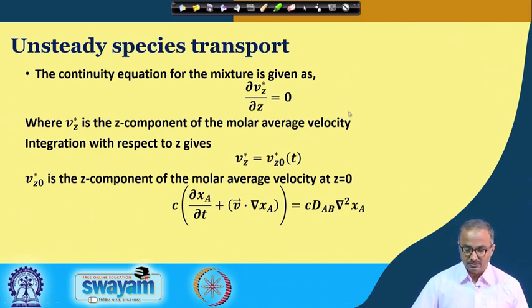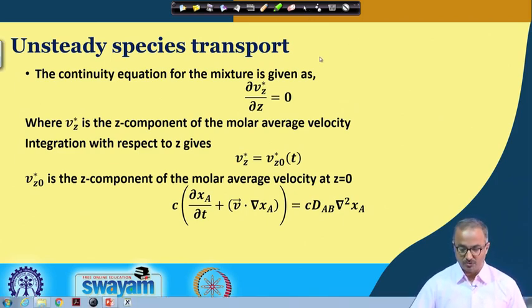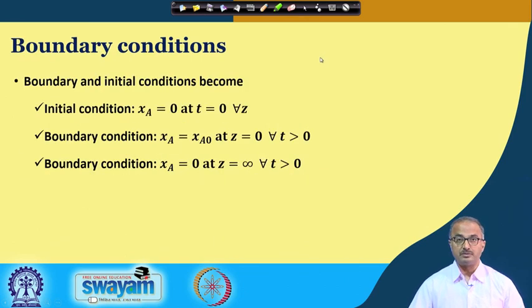Now, in this case the z is taken to be the interface between A and B, and the positive z direction is taken to be going inside the B phase from the interface. Okay.